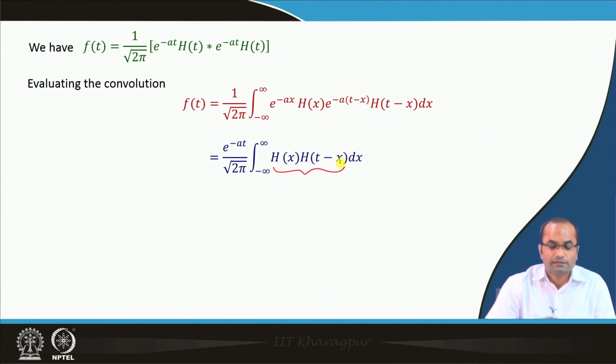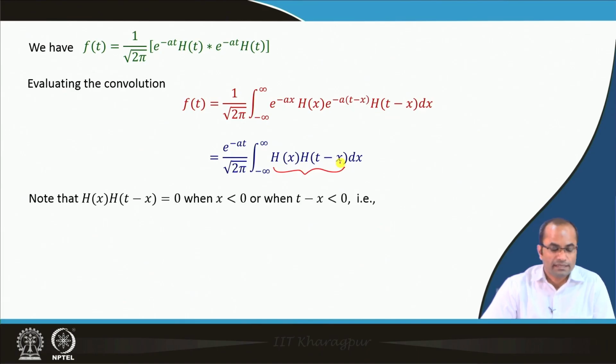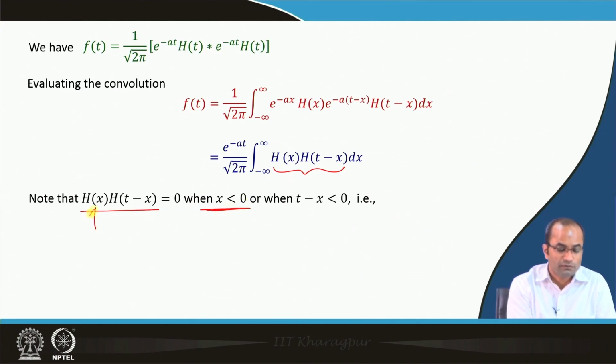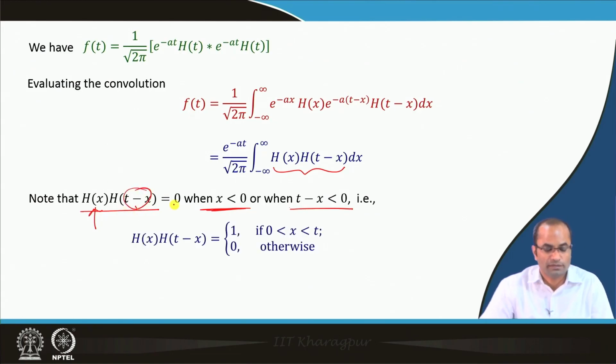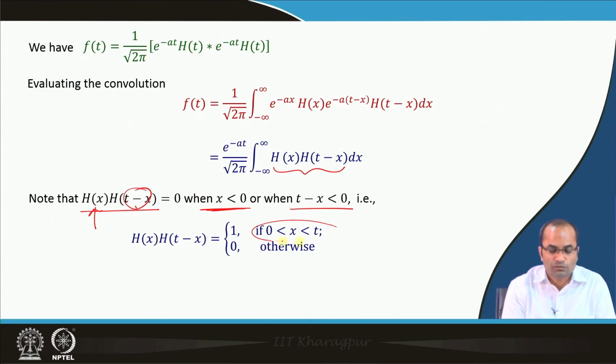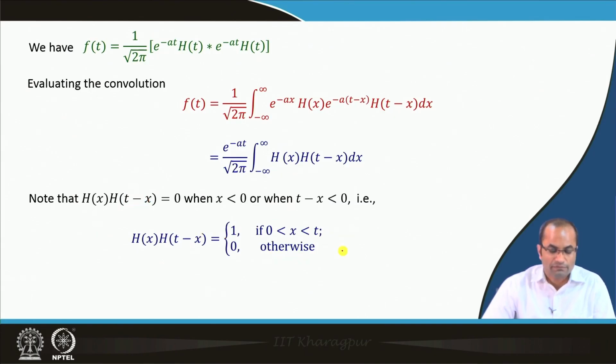So, the integrand is just h x and h t minus x, which we know that when x is negative, this will be 0, and if t minus x is negative, so this argument is negative, again this product will become 0. That means, we have this situation between 0 and t. If x is between 0 and t, the value will be 1, otherwise the value will be 0 of this integrand.